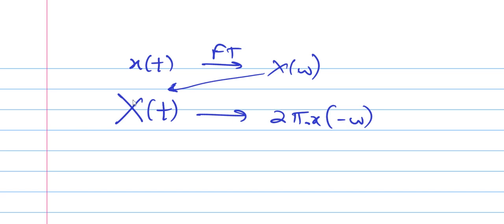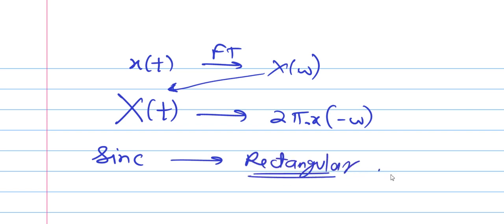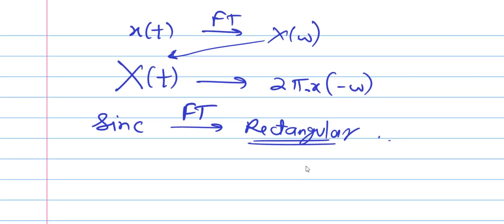So this is by the duality property. So we can say that the sinc has Fourier transform rectangle. What is the Fourier transform of the sinc function? Answer is rectangle. Rectangular function has Fourier transform sinc. Sinc has Fourier transform rectangular. Okay. So we will restrict our discussion of sinc right now up to this point only.